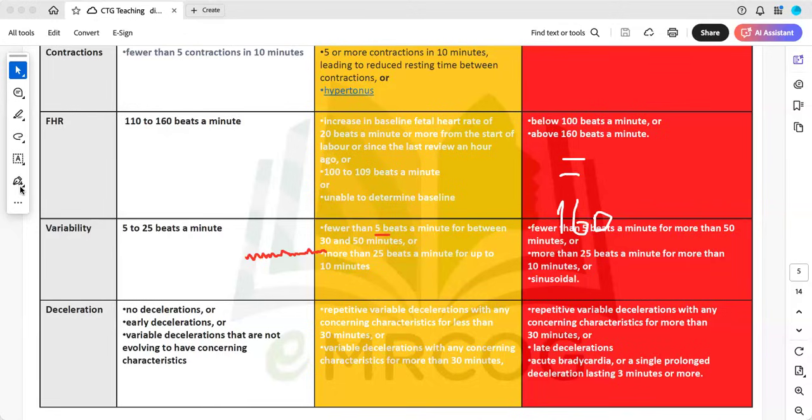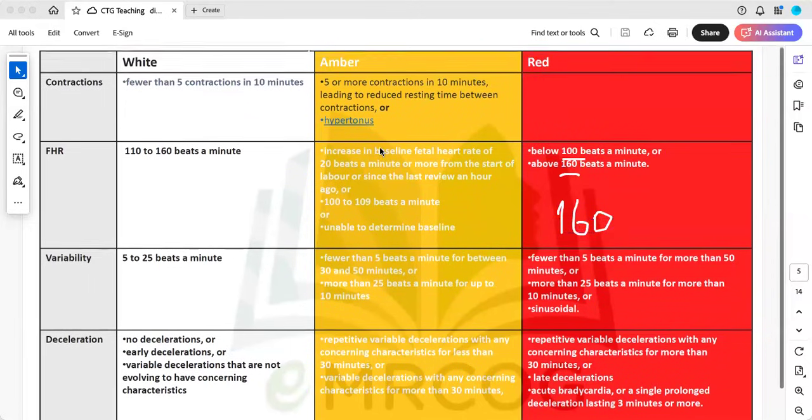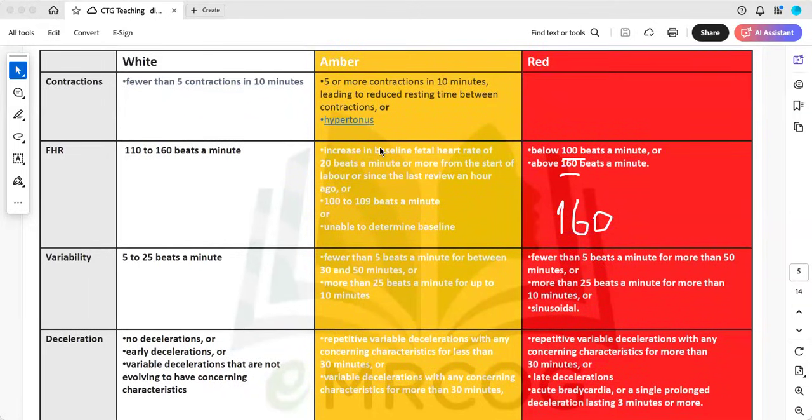So if this reduced variability is prolonged and lasts between 30 minutes and 50 minutes, this is considered a non-reassuring feature, and it's given the amber color, and if it continues more than 50 minutes, it would be considered a pathological feature on the CTG. So reduced variability is less than 5.